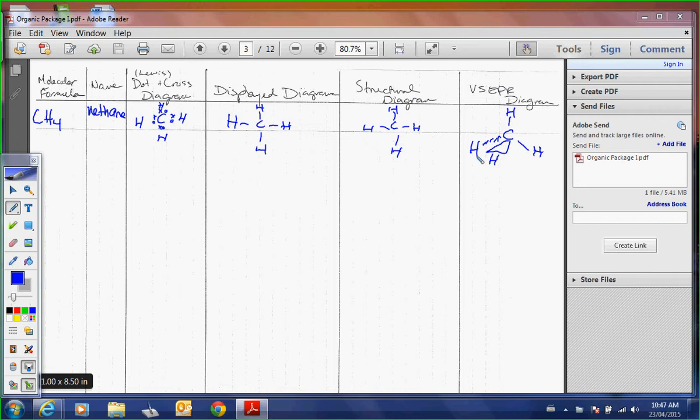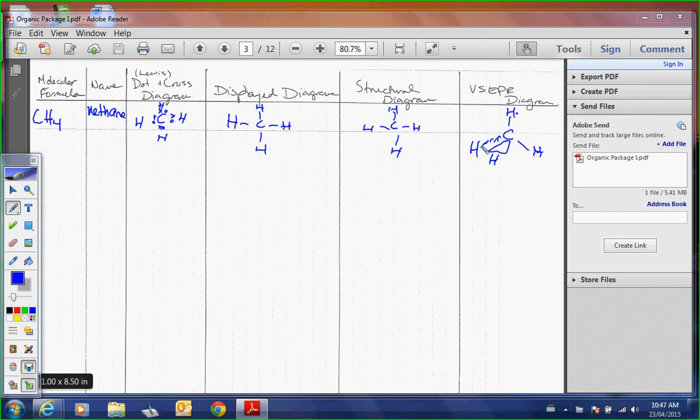And you can see stick up is this one, stick across is this one, stick towards you on my hand is this one, and stick away from you, this one. Did you get it? So this is the wedge towards you, this is the dash that's going away from you, this is on the plane, and this is up.